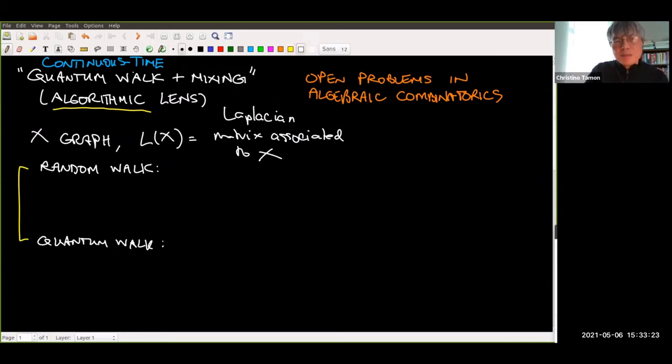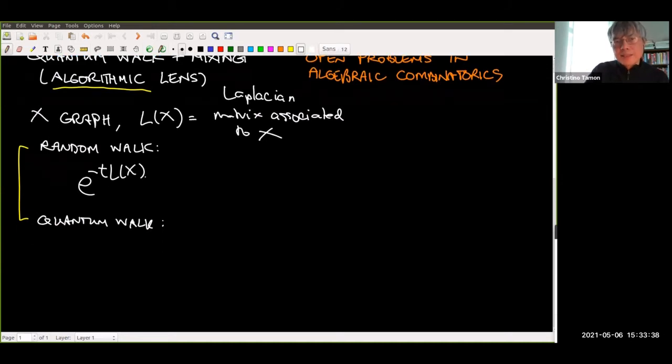Another caveat is we're going to focus only on continuous time. In a continuous time random walk model, you would take something like this, and then analyze how this matrix transforms probability distributions.